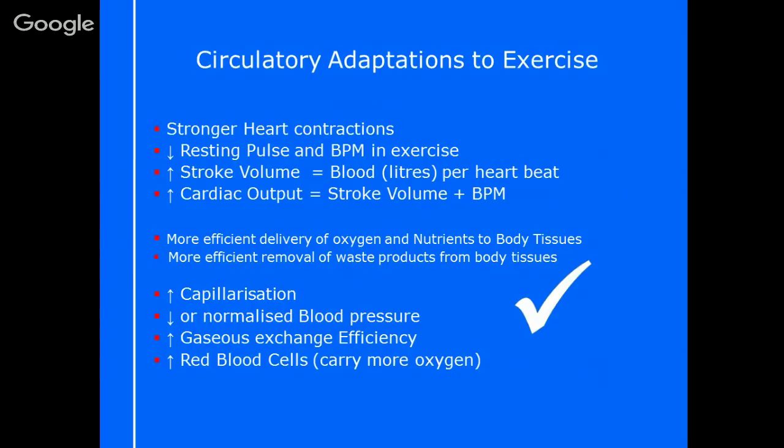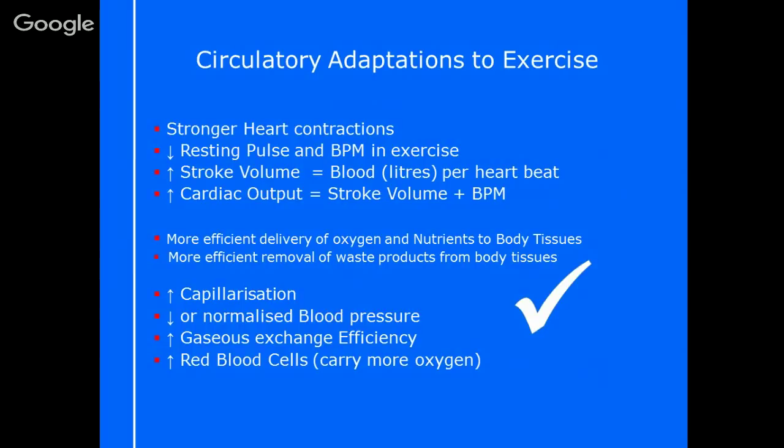The other thing that increases is your stroke volume. And this is partly a result of your heart contraction getting stronger. And this means that it's going to pump out more liters of blood per heartbeat. So for every stroke, there is more volume of blood, increased stroke volume.